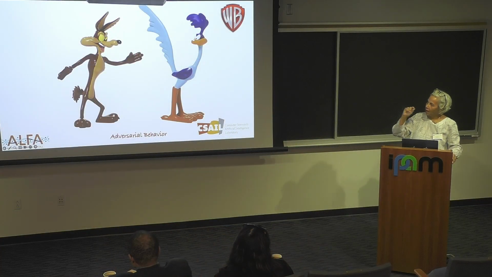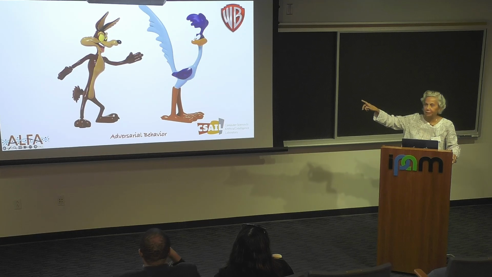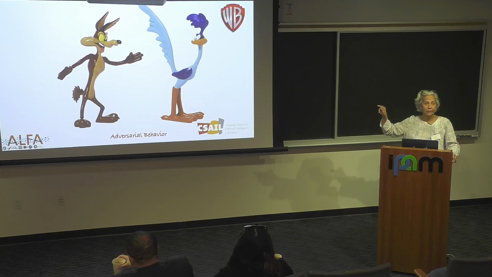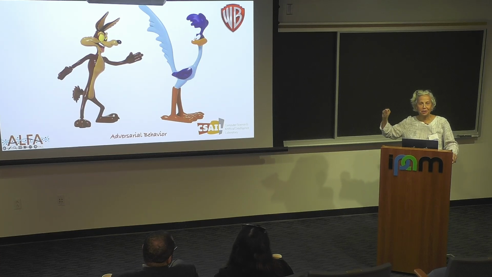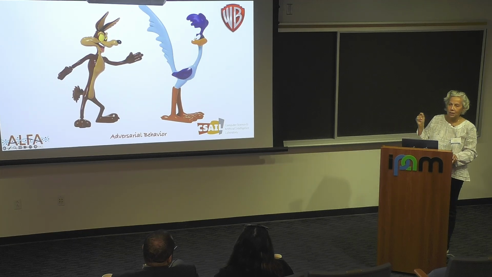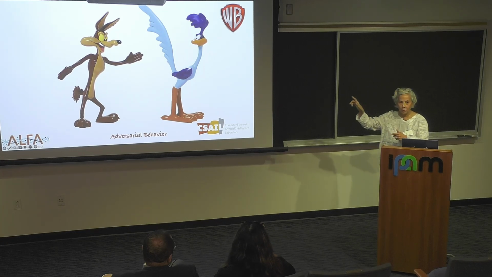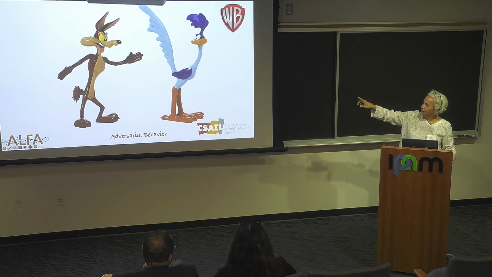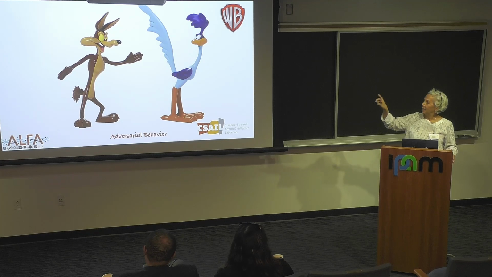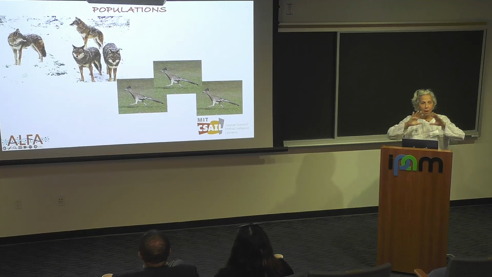And what happens when you have two adversaries, and they're able to learn, is that they can actually ratchet up the complexity of their strategies from very simple to more complex. And that comes because they basically co-adapt to one another, right? And in real life, that escalating arms race that we can see in one episode of Wile E competing against the roadrunner, or across episodes, plays out in the real world, with populations, right?